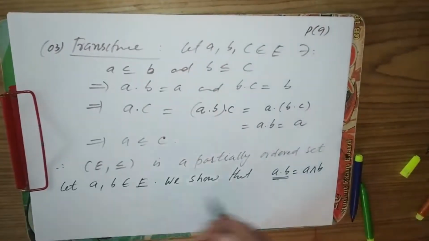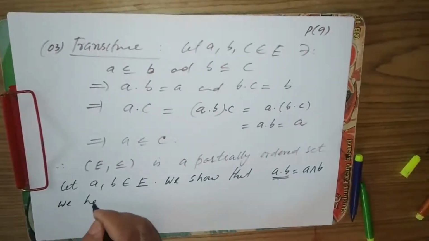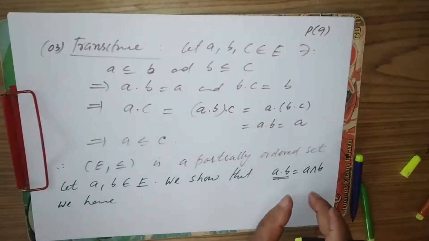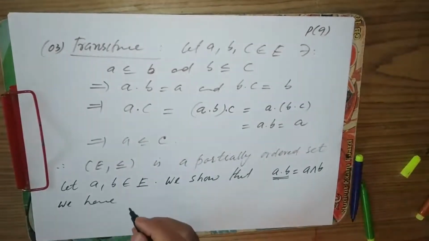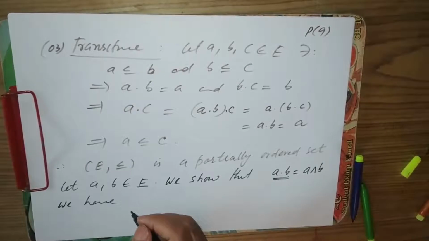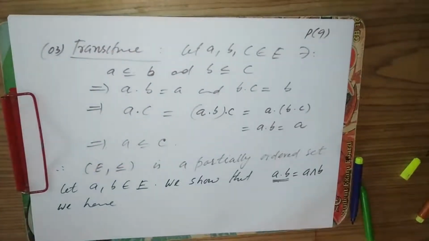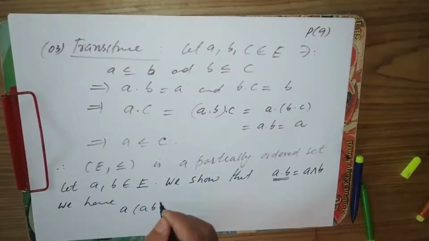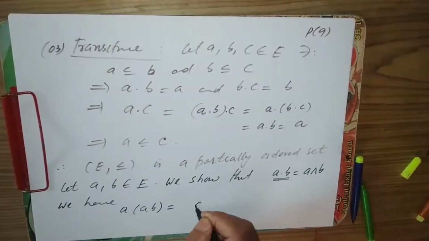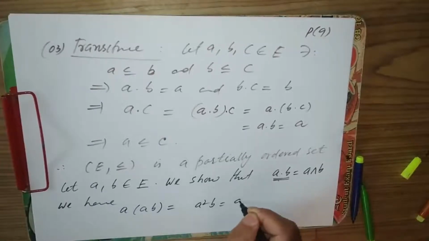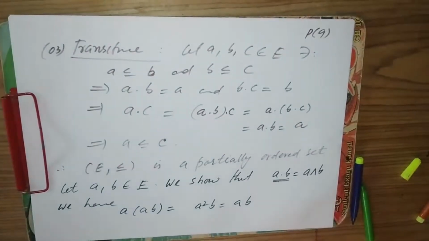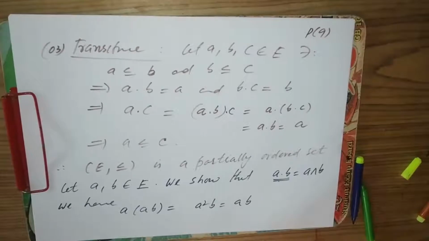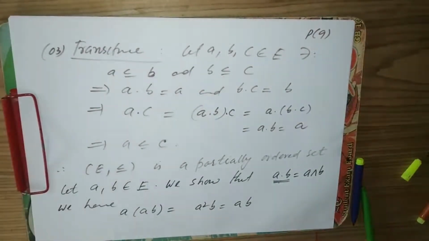So first we show that A dot B is a lower bound of A as well as B. For this we calculate A into AB, it's equal to A square B, that's equal to AB.